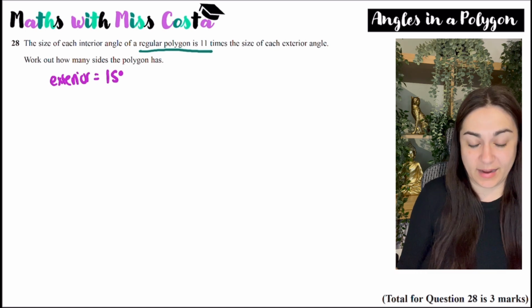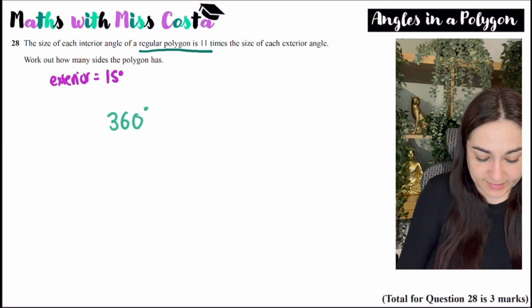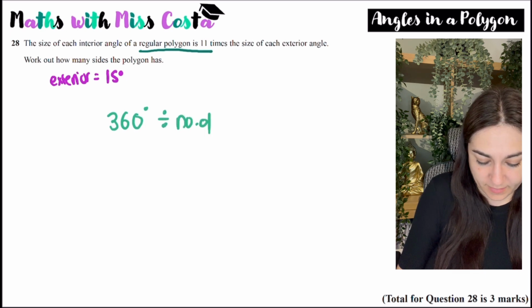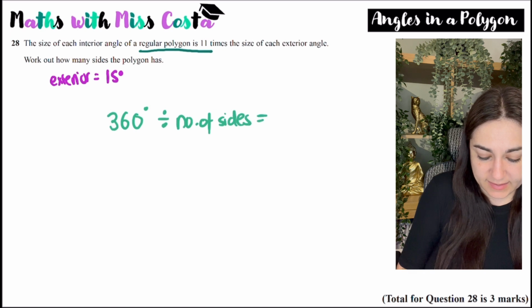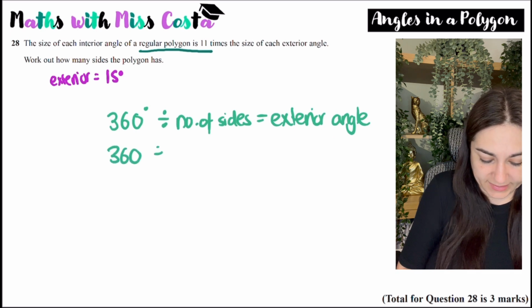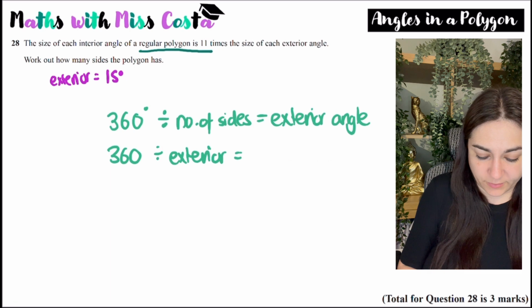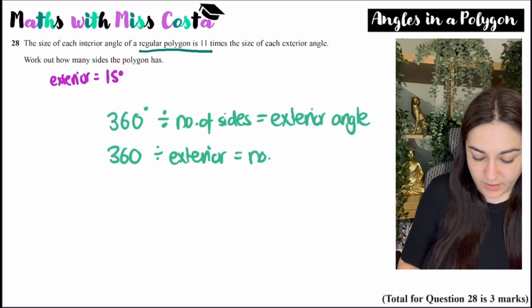Now, how do you work out the number of sides something has? So 360 degrees divided by the number of sides tells you the size of an exterior angle. So similarly, if you did 360 divided by the size of an exterior angle, you'd be able to figure out the number of sides.